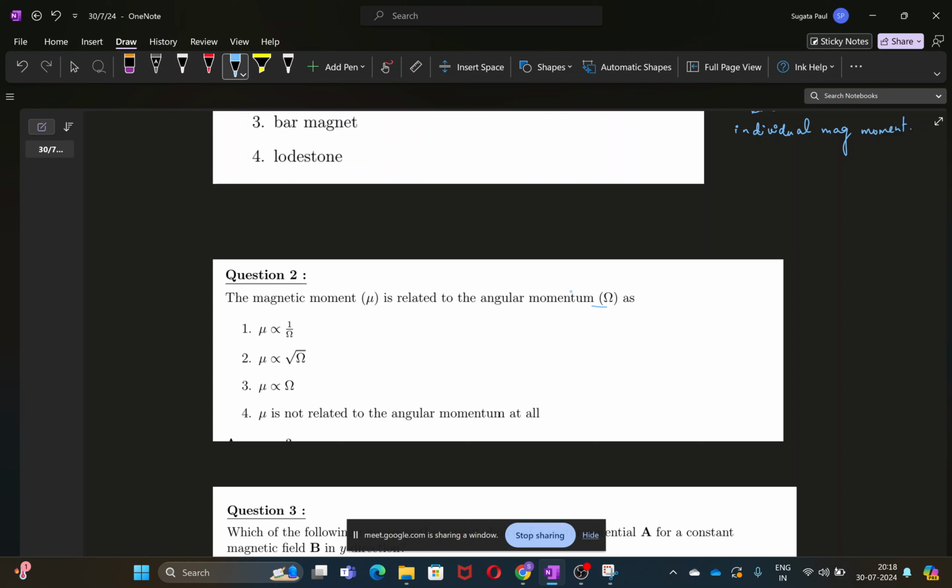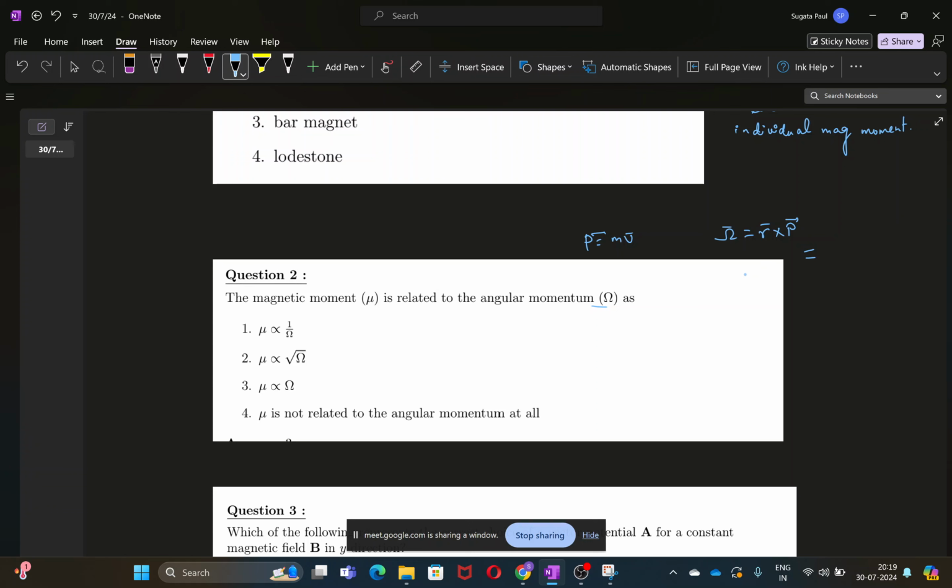The linear momentum p is basically mass times velocity. But angular momentum is nothing but r cross p. If r is the position vector and p is the linear momentum vector, it is a cross product of those, and it is also related to some angular velocity of the material, if you can define that.